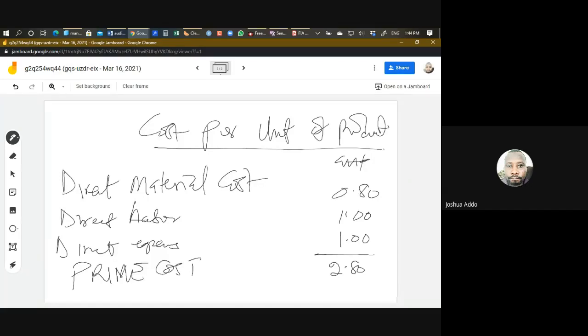Right. Then for absorption costing, we have to find production overhead cost per unit. So if we estimate that one to be also, let's say 1 cedi 20 pesewas, then the full cost of the product will be 4 Ghana cedis.